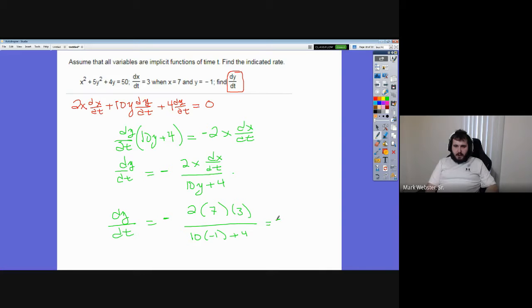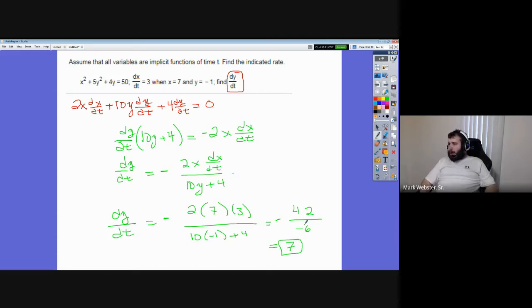So this is 42. Negative 10 plus 4, that's -6. Negative 42 divided by -6. The two negative signs cancel out and we are left with +7.